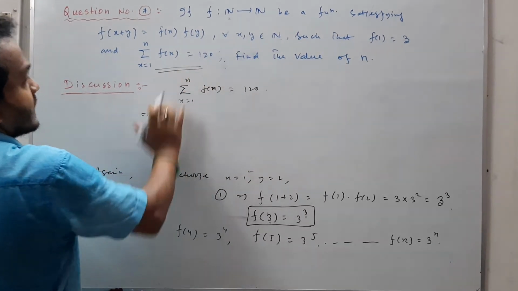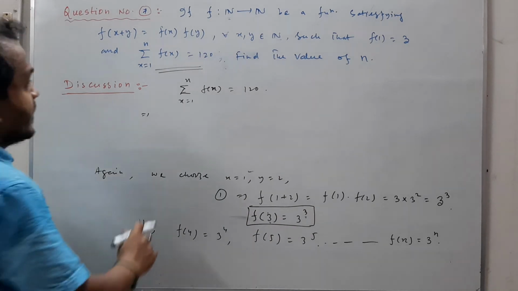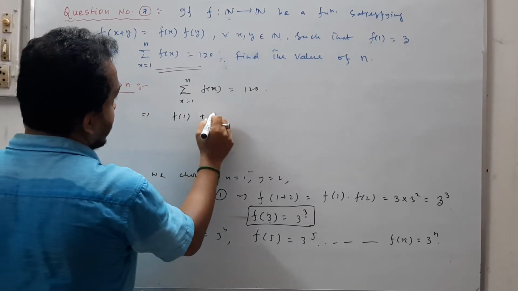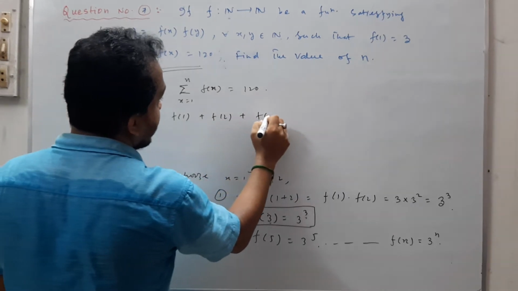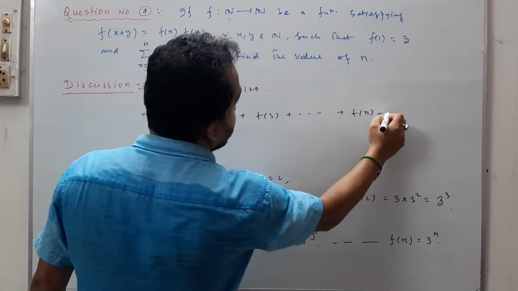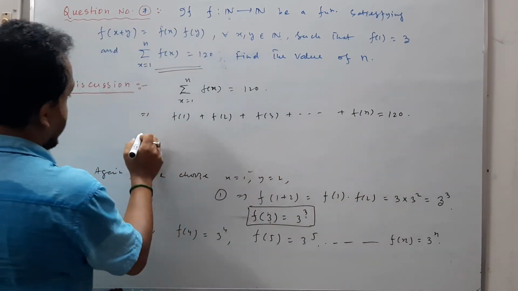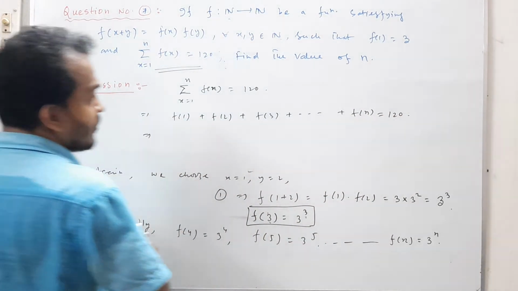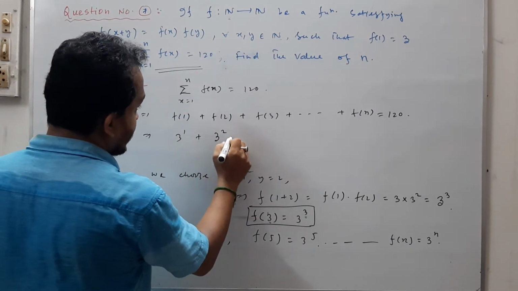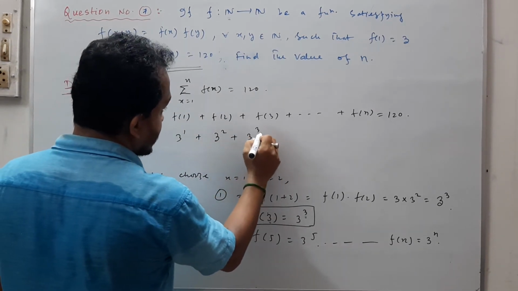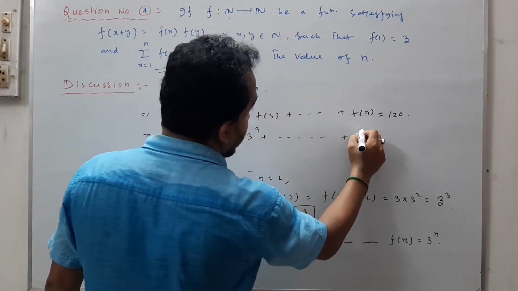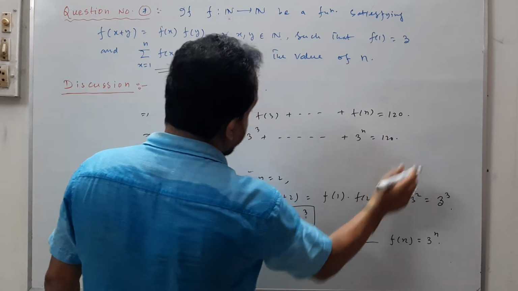Now if we expand this summation, we get f(1) + f(2) + f(3) + ... up to f(n), and this is equal to 120. Now f(1) is 3 power 1, f(2) is 3 power 2, f(3) is 3 power 3, plus ... up to f(n), which is 3 power n, equal to 120.